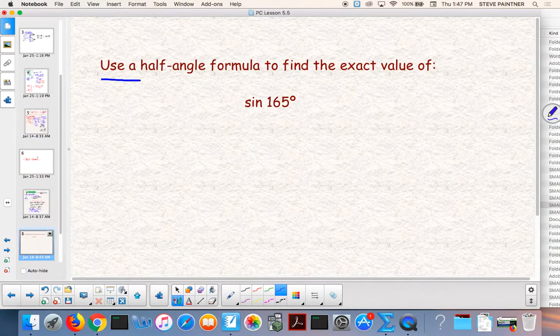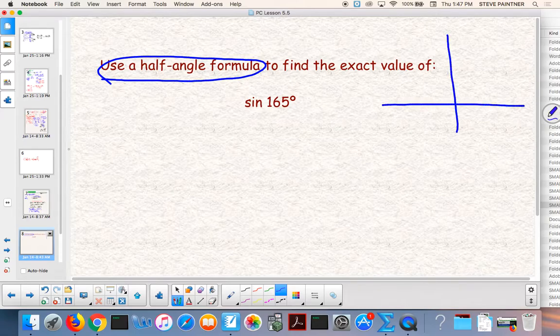Okay. Here comes the what? Half angle. So the half angle looks like this. Take an angle, cut it in half is what it is. So here's what they're giving you. Sine of what? 165. 165 falls where? Quadrant what? 2. Okay. So right there, guys, you kind of know I'm in quadrant 2.